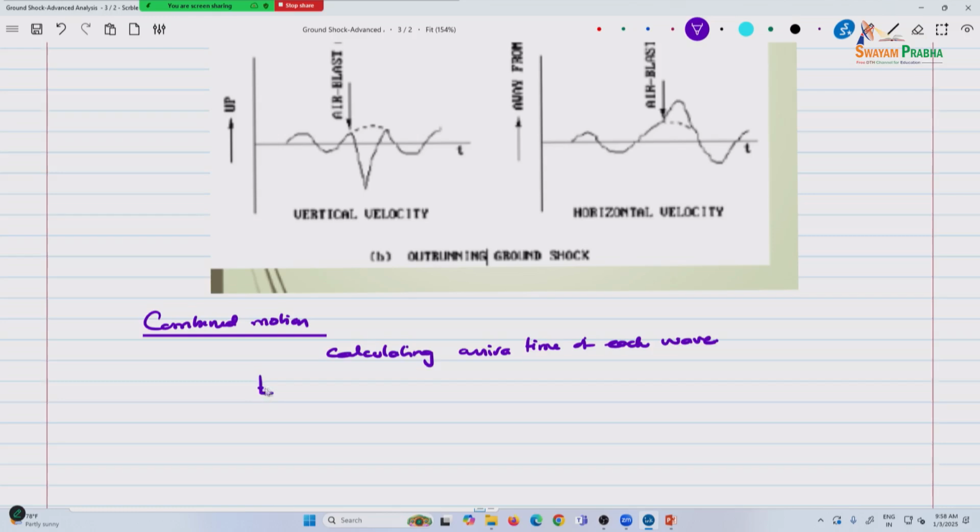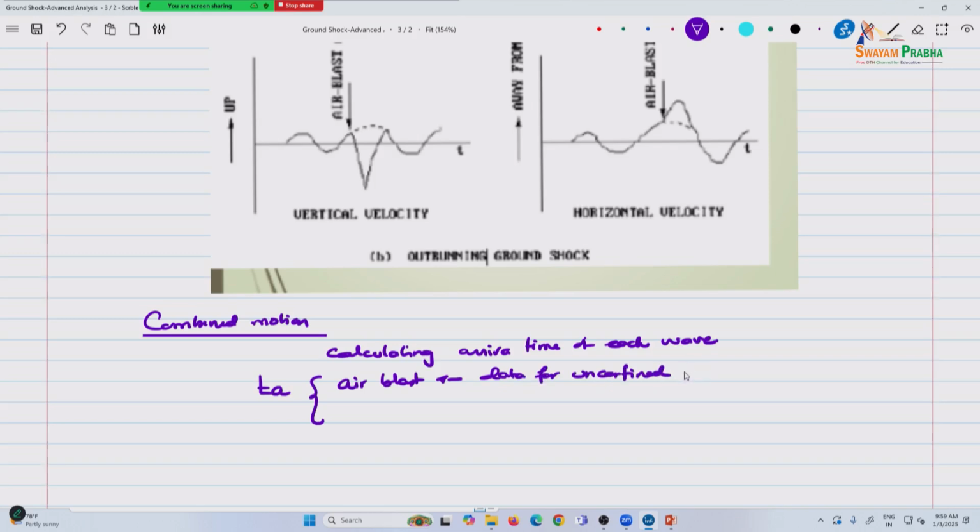So the TA, if that's your arrival time, for the air blast, you have the data for, this is the figure for unconfined explosions, and I'll give you several references from UFC.